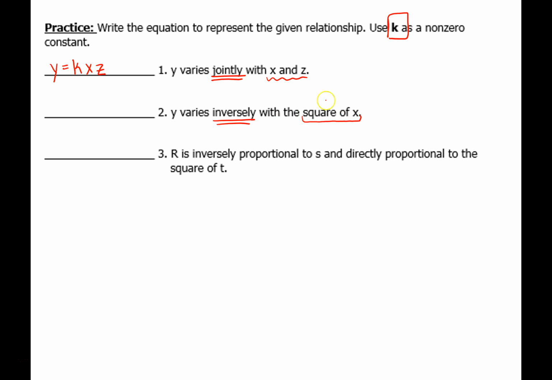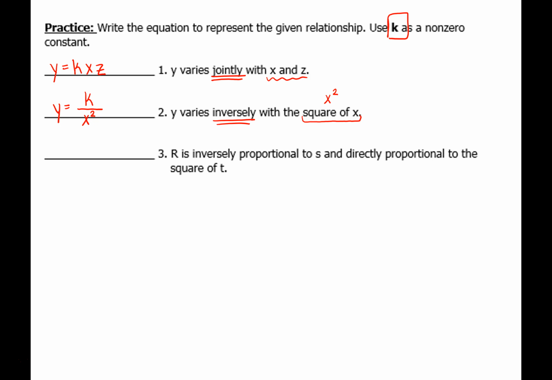The square of x is x squared. So that's what is going to be varying inversely, which means this is going to be my denominator. So y is equal to, because it's an inverse relationship, I'm going to have a fraction bar. When I have an inverse variation, my constant is in the numerator, and then my thing in the denominator is this x squared.